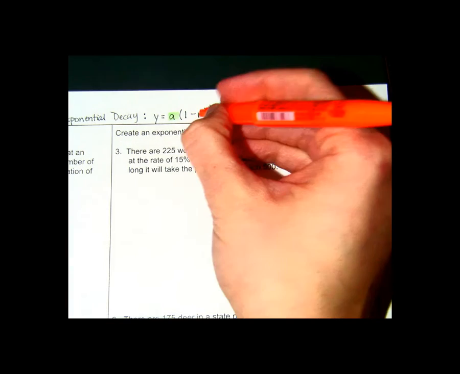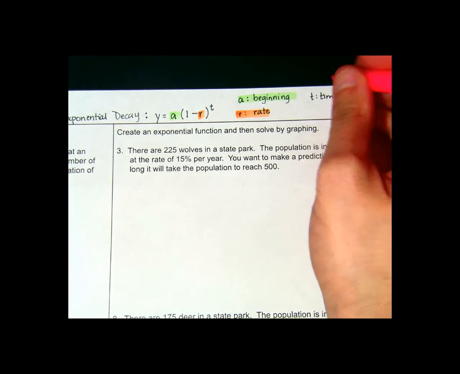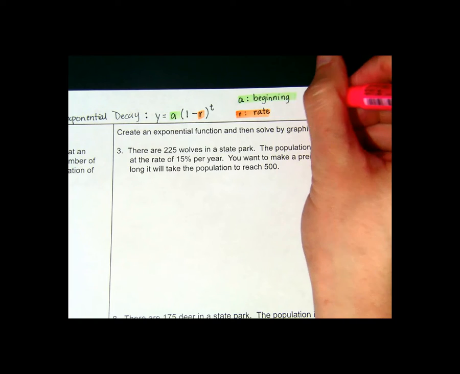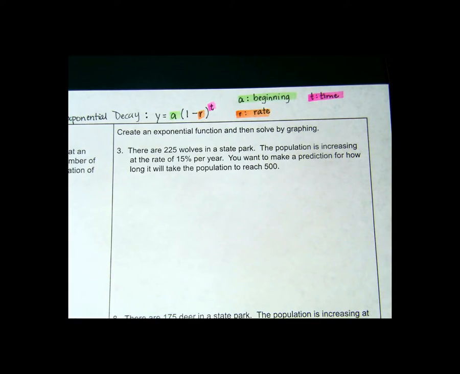Time normally stays as a variable. But we can highlight it in pink in case we have it anywhere in the problem. But normally it remains as the variable.